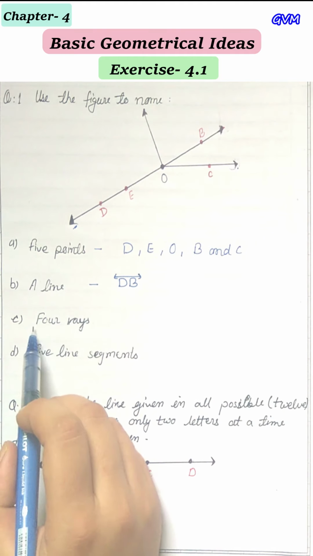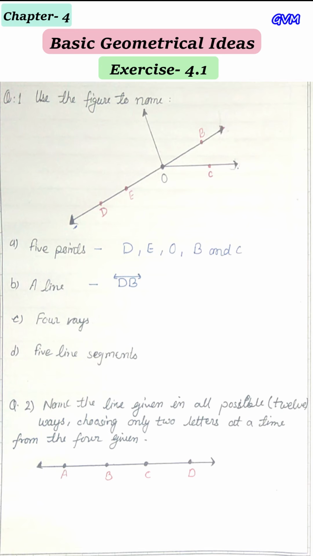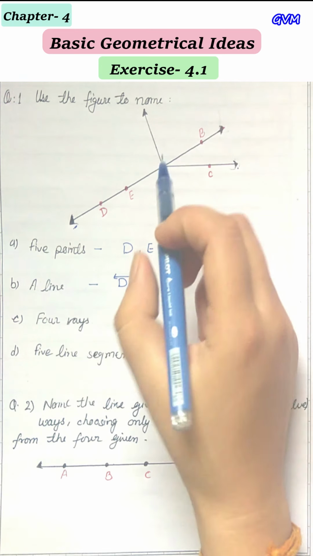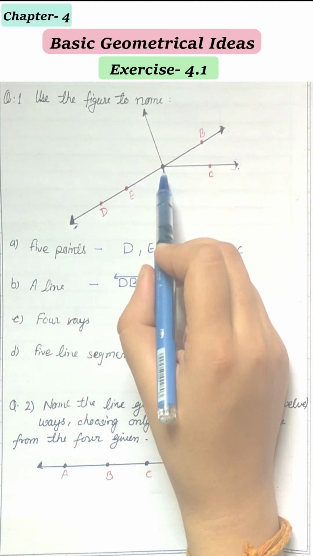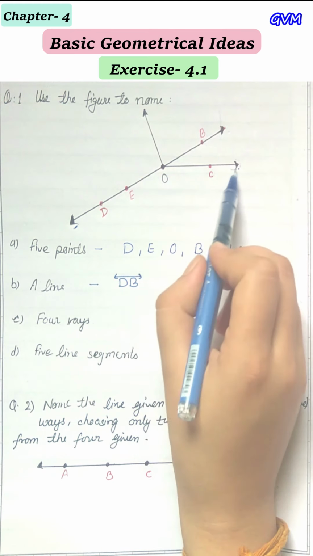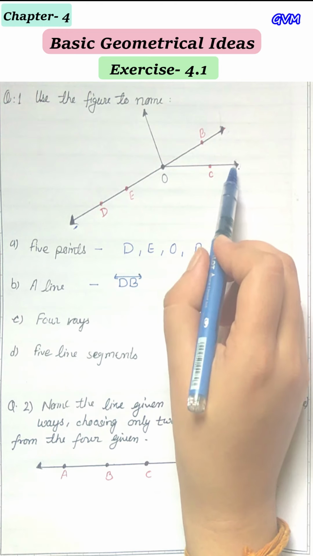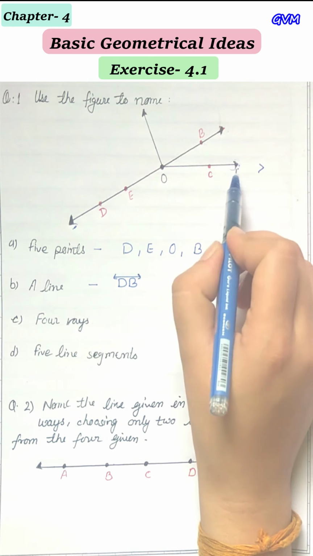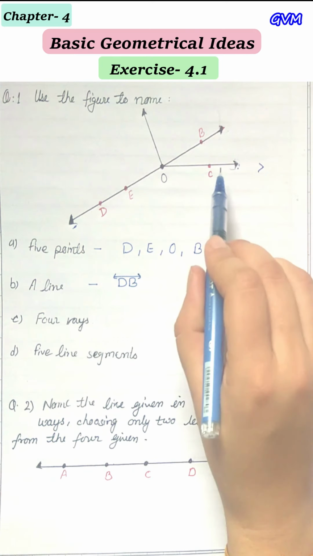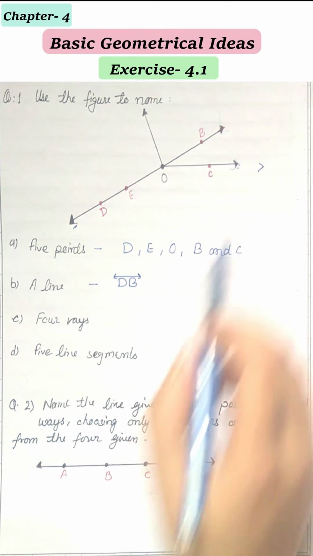So C part, we have 4 rays. Now we have to consider rays. So as I said, in rays we have one point as an origin, and on the other end we have the continuing symbol. Like this. It means that it is moving towards this direction, so it is endless.